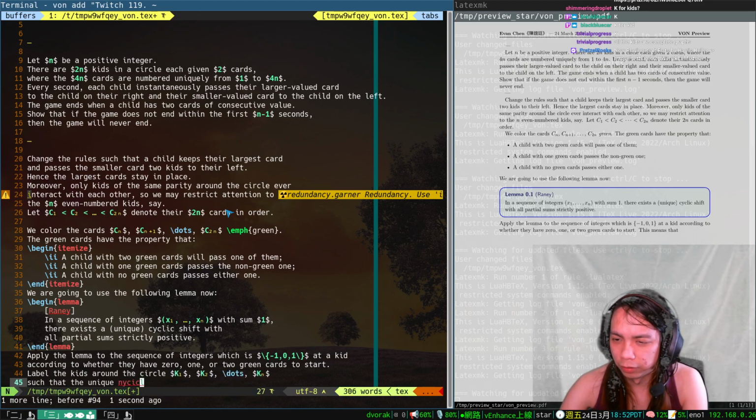Okay, so I actually do need the uniqueness. According to the unique cyclic shift.